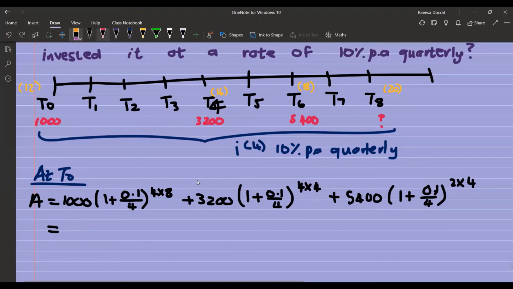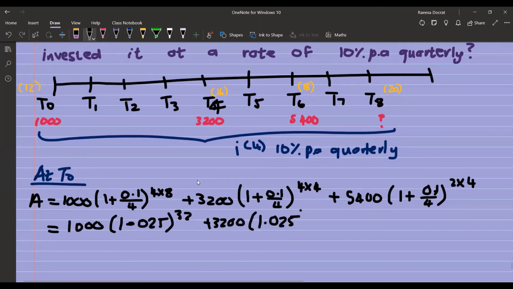So this here is 1,000 Rand times 1.025 to the power of 32, plus 3,200 times 1.025 to the power of 16, plus 5,400 times 1.025 to the power of 8. Let us type that into our calculator to get the answer.